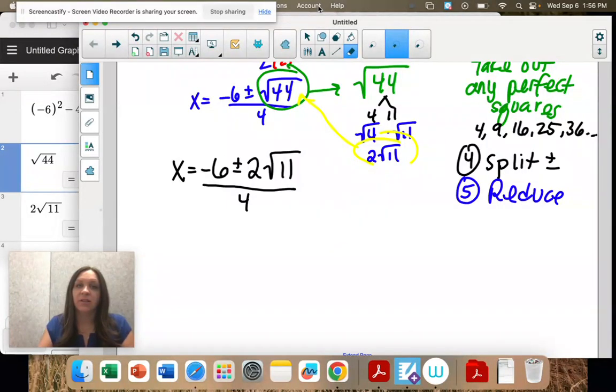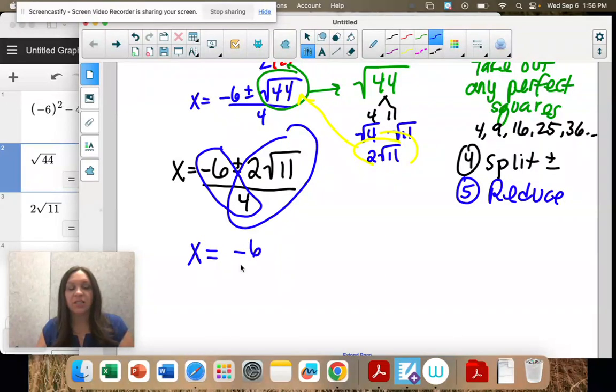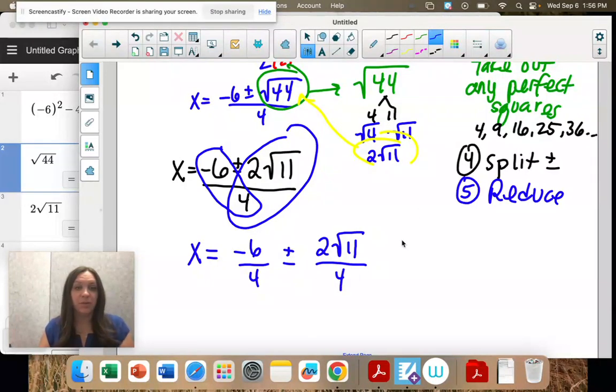I'm actually going to just rewrite it like this. So remember, this 4 goes to both of these terms. So I could rewrite this as negative 6 over 4 plus or minus 2 square roots of 11 over 4. And this reduces.